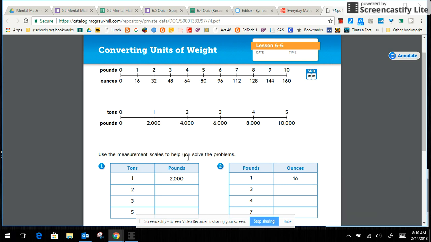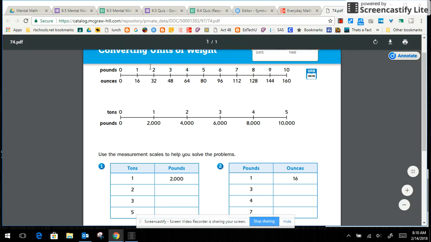If you're looking at 2 tons and we multiply by 2,000, that small truck would be 4,000 pounds. Okay, another question. If the weight of a box of sugar is 2 pounds, how many ounces would that be? And again, looking at my conversion here, 2 pounds would be 32 ounces.